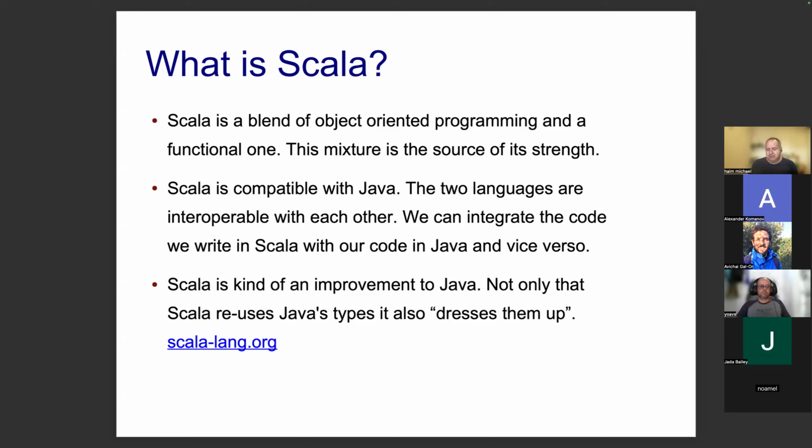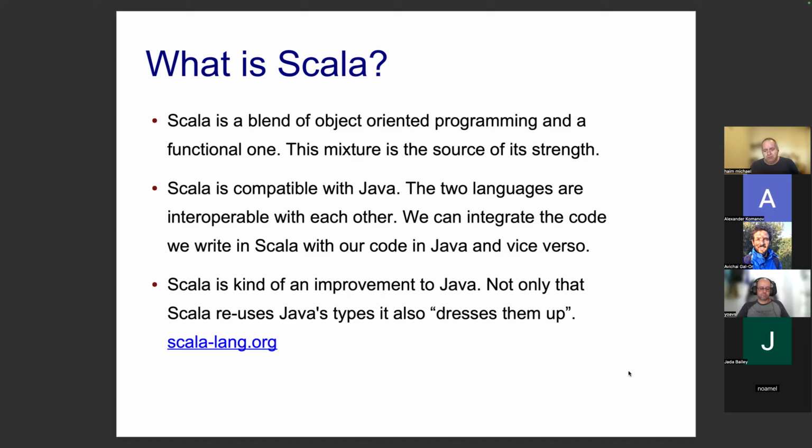So when coding in Scala, we can easily use classes that were developed in Java, and vice versa. When coding in Java, we can easily use classes that were developed in Scala. So you can take any framework in Java and use it coding in Scala. It can be Spring Boot, Hibernate, anything.